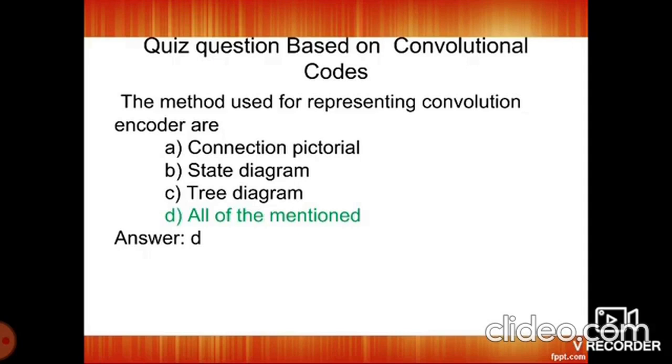The answer is all of the above mentioned, because we can represent convolutional codes in different ways: state diagram, trellis diagram, tree diagram, etc. In the tree diagram, we can calculate the trellis and Viterbi algorithm decoding. So answer D is the correct one.